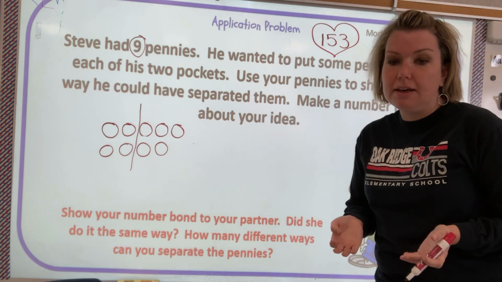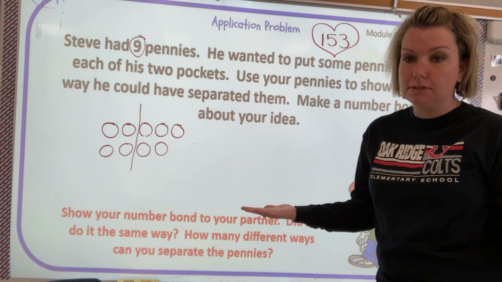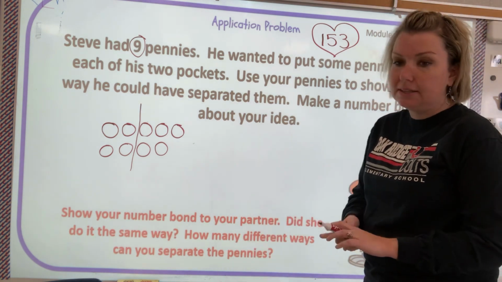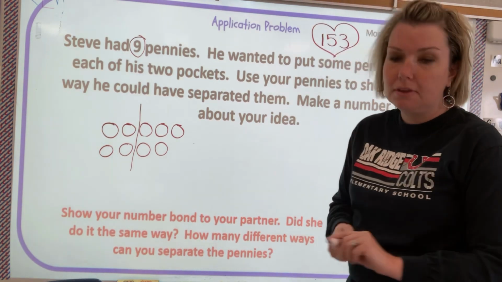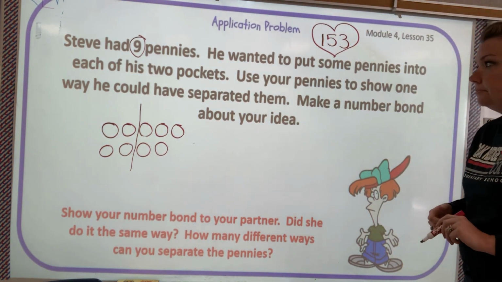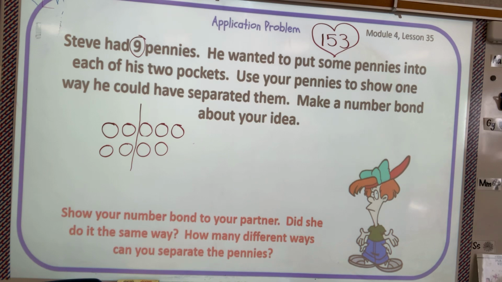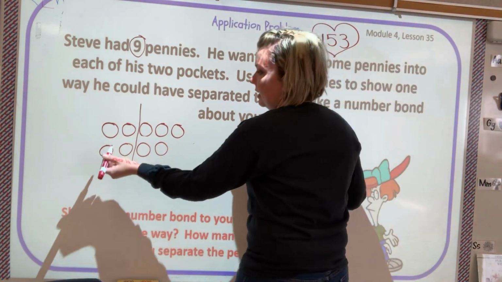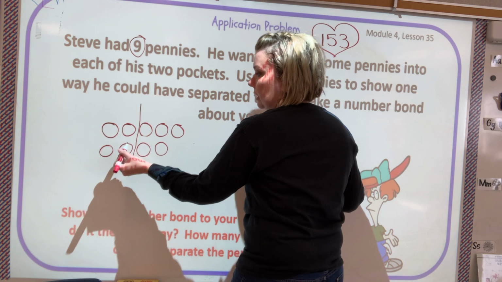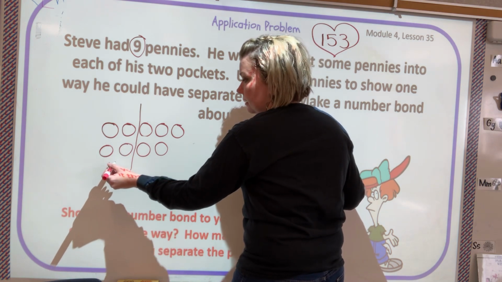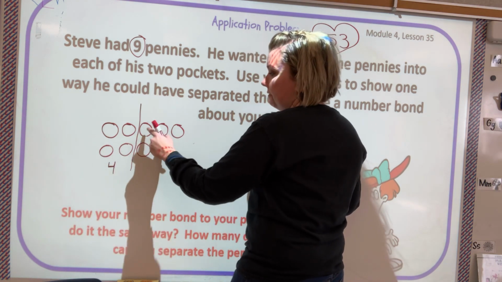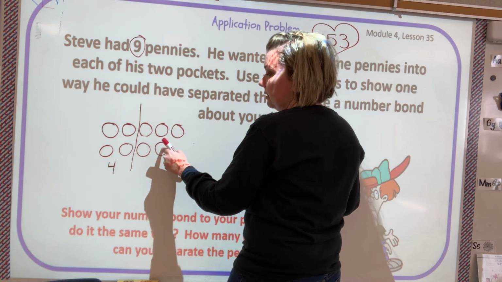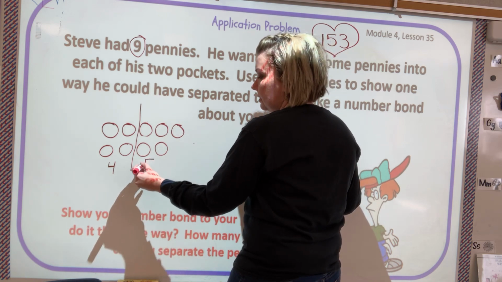You make your line wherever you choose. It does not have to be the same as mine. Use your pennies to show one way he could separate them. So I showed this way. On this side I have 1, 2, 3, 4 pennies. And on this side I have 1, 2, 3, 4, 5 pennies.